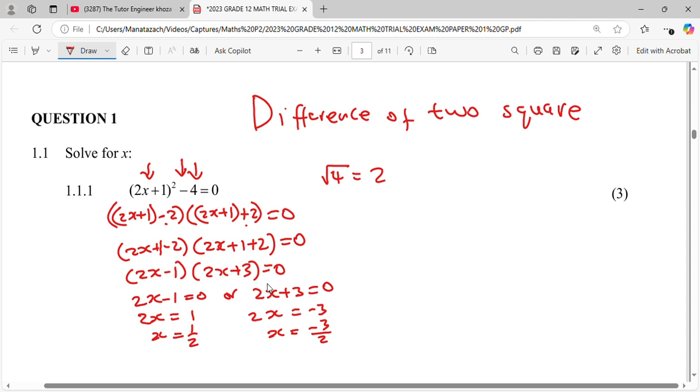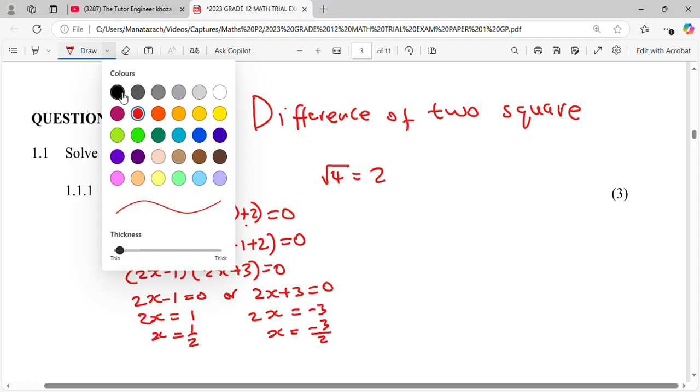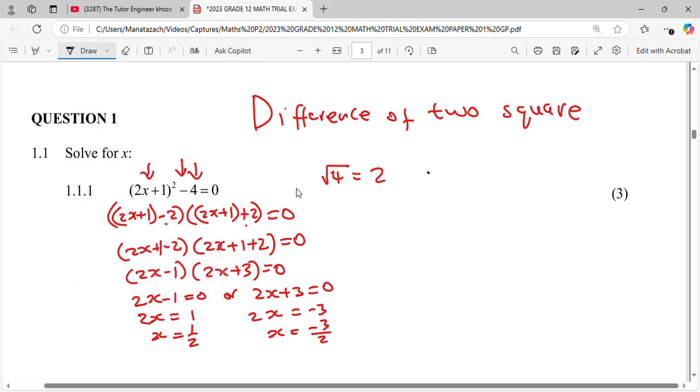So this is just one way of doing it. I'm just going to talk about the second way of doing it, right? So if, for instance, you're not happy with this way, this is just the traditional way of doing it. Now I'll show you another way. Let me write this question over here.